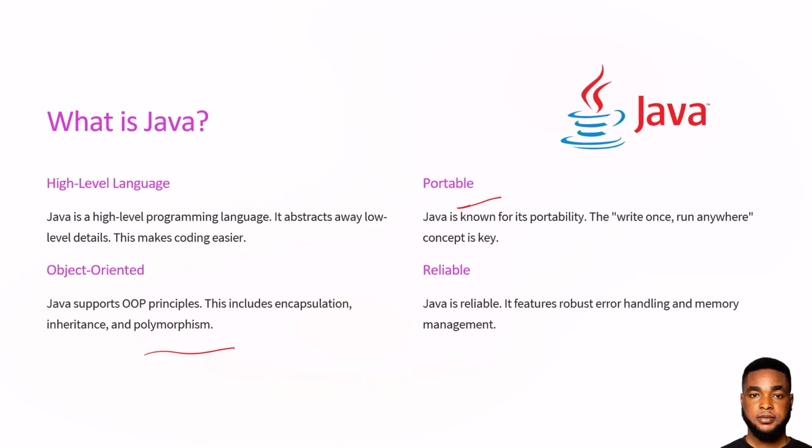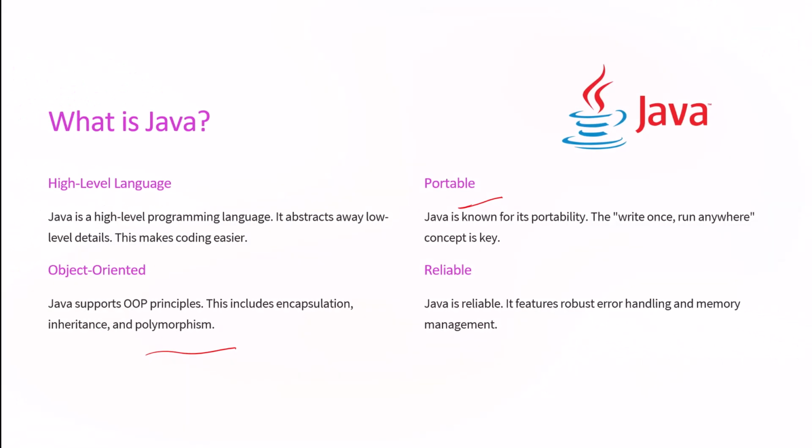Let's say you used a Windows operating system to write your instructions. That shouldn't be a limitation for it to run on Linux or a Macintosh operating system. Mechanisms were put in place that help your program written in one environment to run on other platforms as well. So it was portable, able to run anywhere. That is the portability aspect of this language.